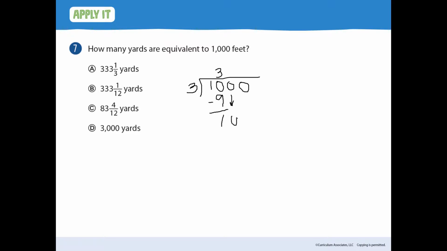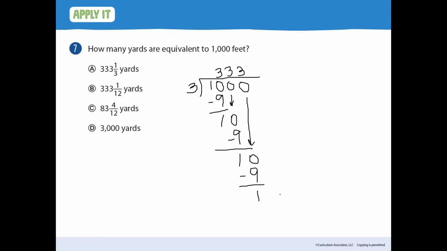I bring down my next digit, my 0. Same thing, 3 goes into 10 3 times. 3 times 3 is 9. Subtract, I think this is just going to be the same thing over again. Yep. And I bring down my 0. This looks familiar. 3 goes into 10 3 times. That's 9. I subtract, I get 1.